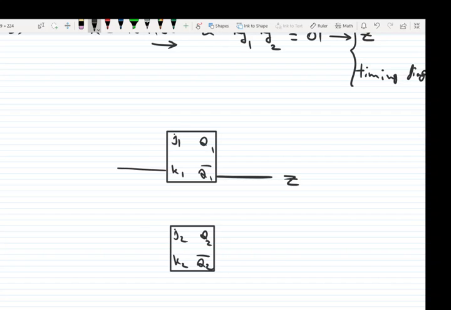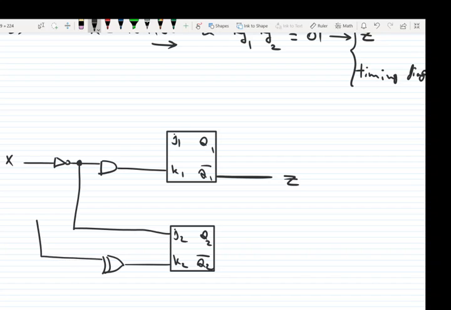K1 is connected to an AND gate. The AND gate is connected to input X. J2 is connected to X bar. K2 is connected to an XOR gate.